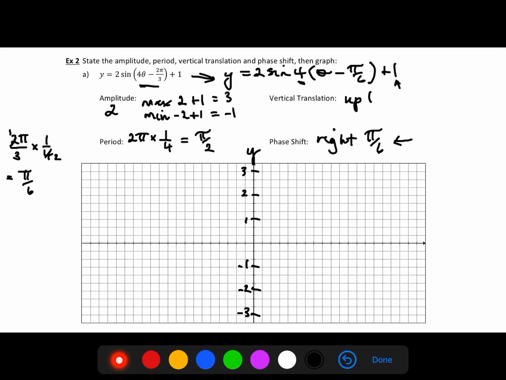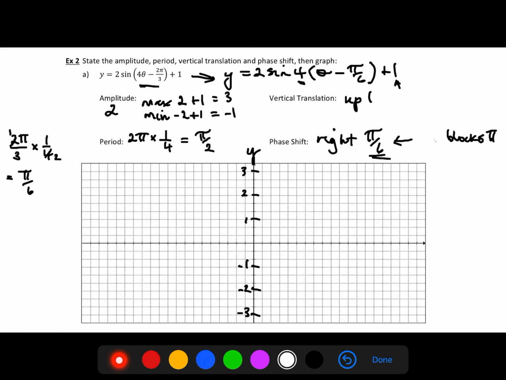So moving pi over 6 means that we want 1 or 2 blocks or 3 blocks to be worth pi over 6. If we made 6 blocks pi, let's just say, so 6 blocks is pi, that makes it really easy to shift 1 block. But our period is only pi over 2. So that's not going to spread out our information enough.